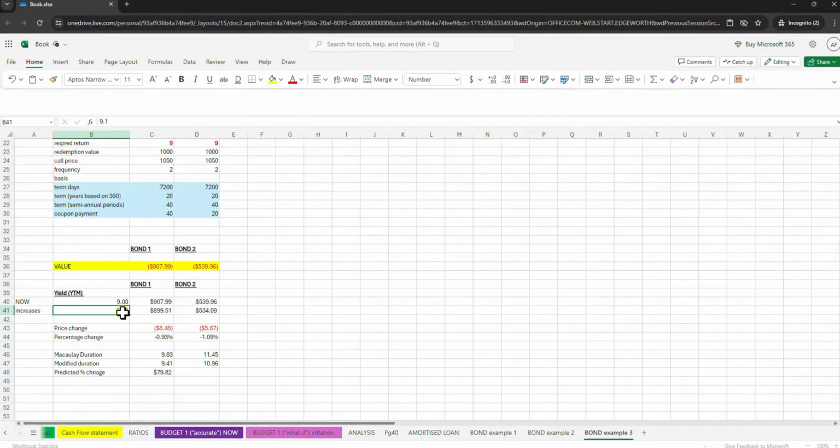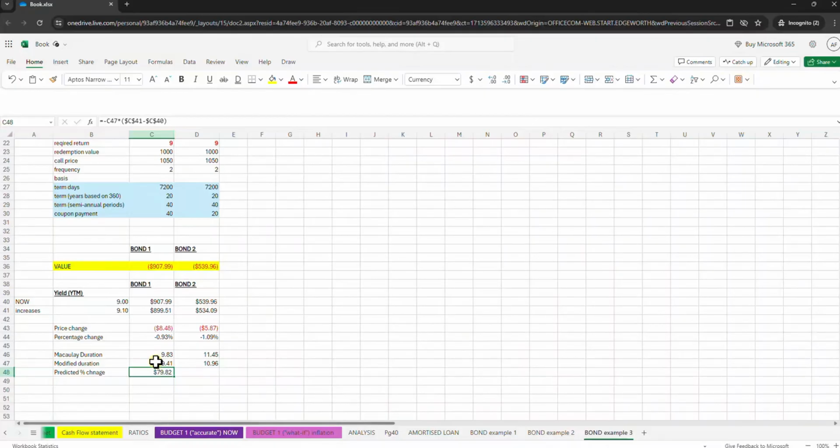That's correct. Everything else is correct. Predicted change in price minus, what number am I using? C47. C47 is the negative modified duration. That's fine.